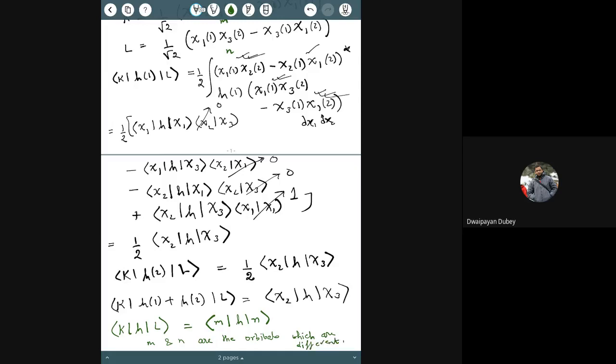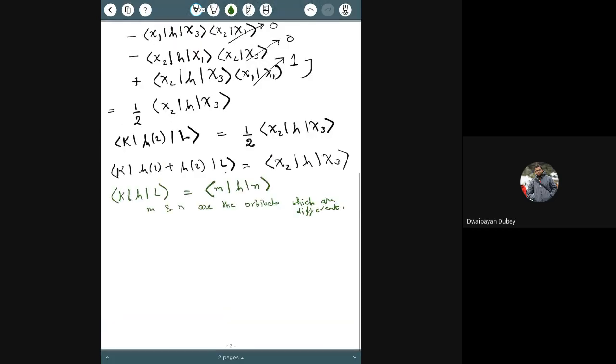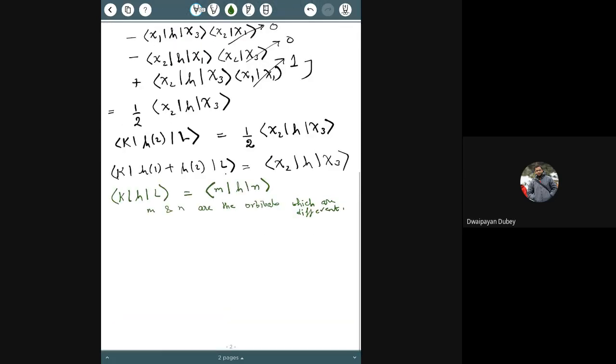So if there are two determinants which differ in one orbital, then the matrix element between them is just the matrix element of those two particular spin orbitals which differ. So that is the second Slater's rule. Okay, this is number 2.